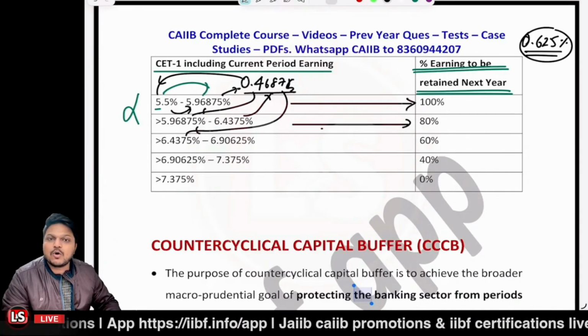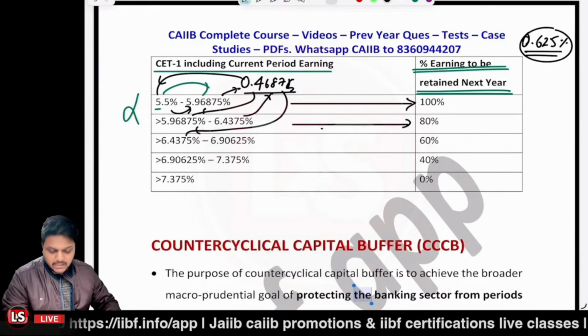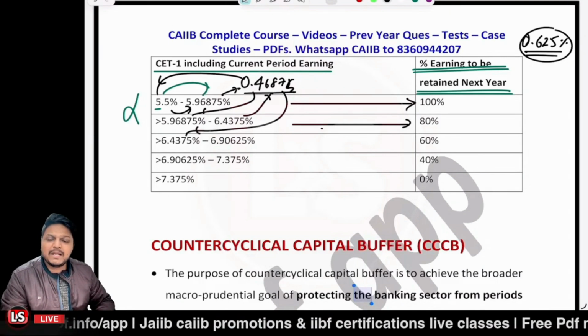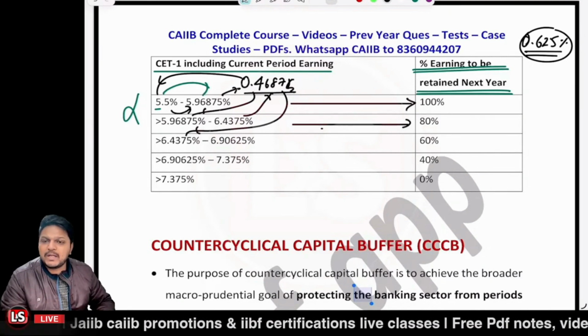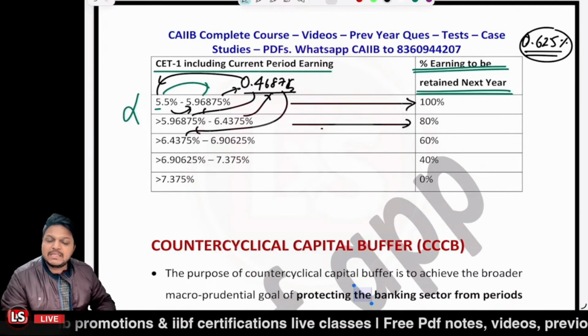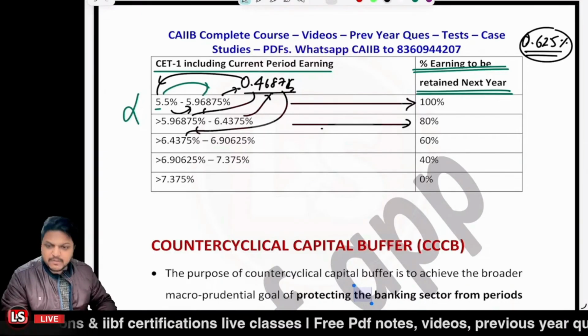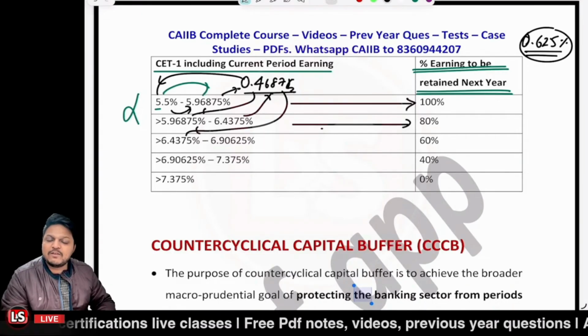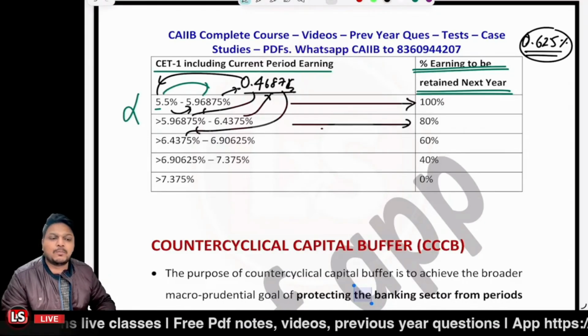But now it has already been made mandatory, right? It has already been made mandatory that all the banks are to maintain CCB, that is the capital conservation buffer, at 2.5% out of the CET1 components.